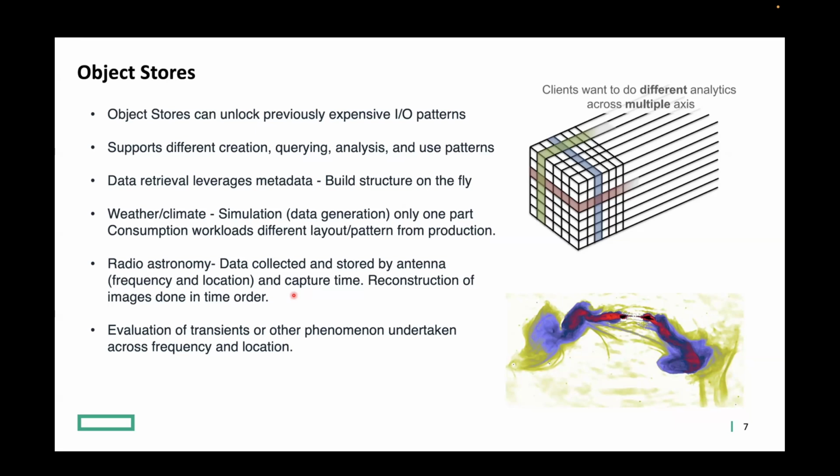You might have to do all this load and store, which are costly and expensive. But with this object store, now you can exactly slice which dimension you want or which particular object you want. You don't have to load the entire file or data set.